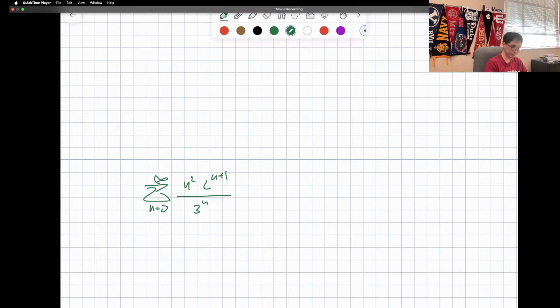There's like 2 n squared times 2 over 3 to the n, because you still have n squared.